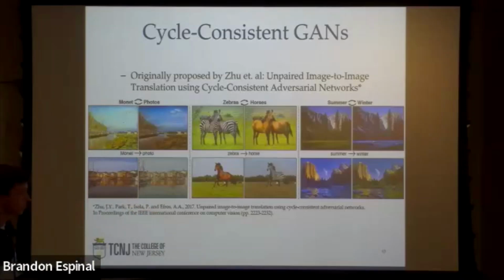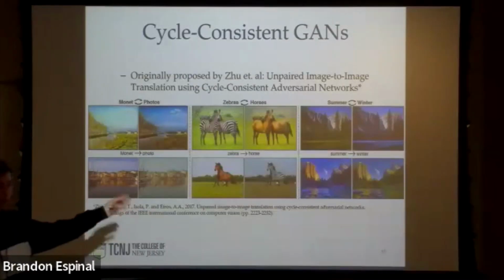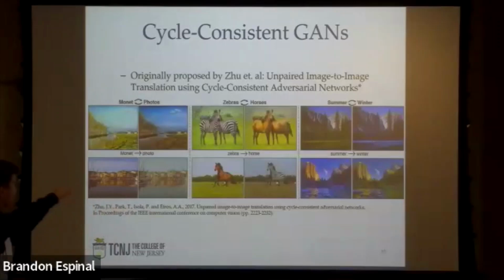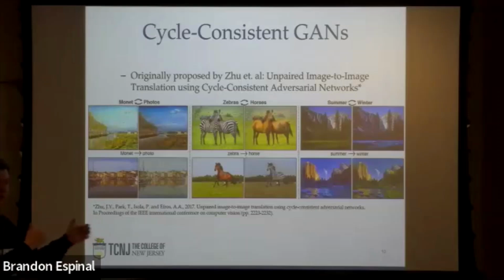And the idea with this is if I take a picture and turn it into a Monet painting, and then I use the other GAN to turn it back into a picture, I should get the same picture, right? These two GANs should be inverses of each other. If I go from one to the other and back, I should get the same picture, meaning that these translations are a one-to-one mapping, right? Each input has only one output because each output only has one input going through, making it more of a direct translation between these two domains.